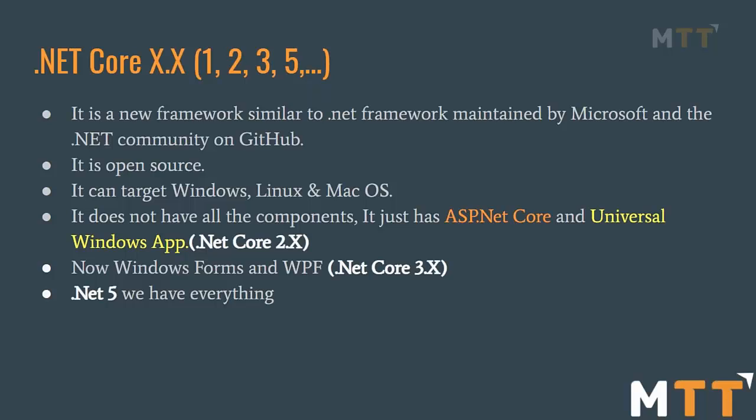And now you can say that after .NET Core 3, the new release of .NET Core is .NET Core 5, and .NET Core 5 is called .NET 5, not .NET Core 5. So from here onwards, I will say .NET 5. So we are working on .NET 5.